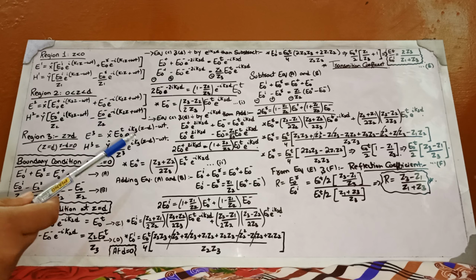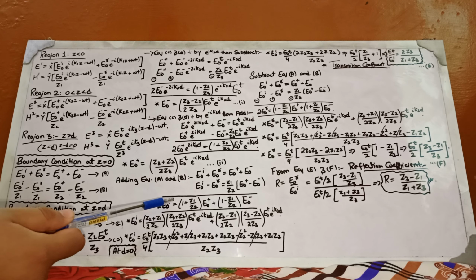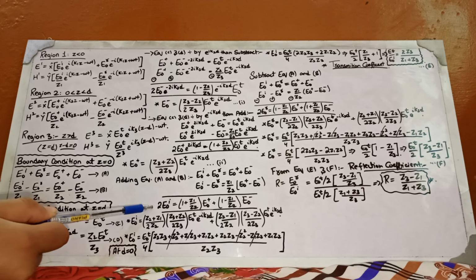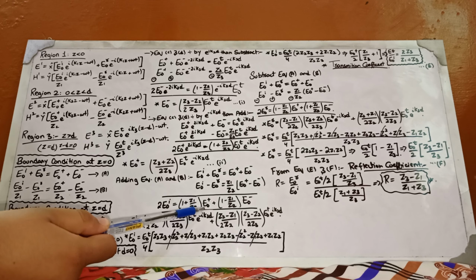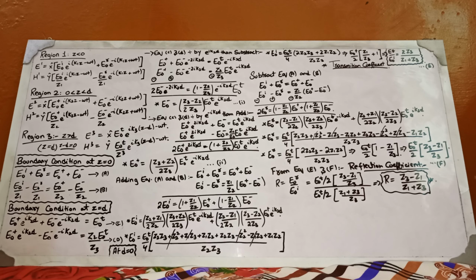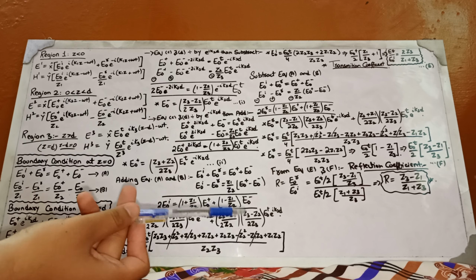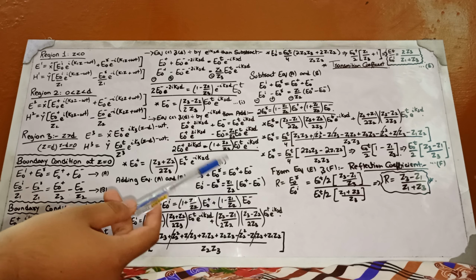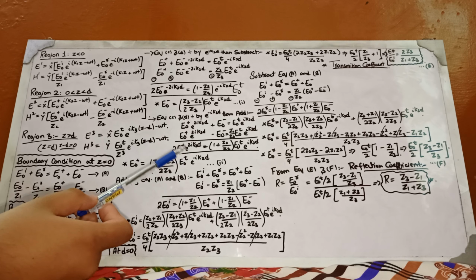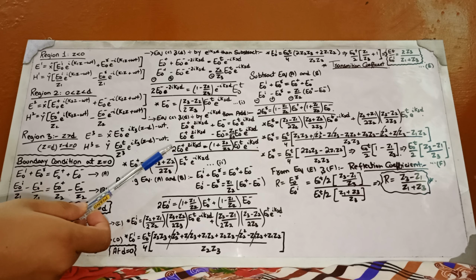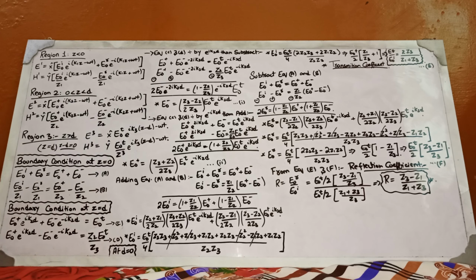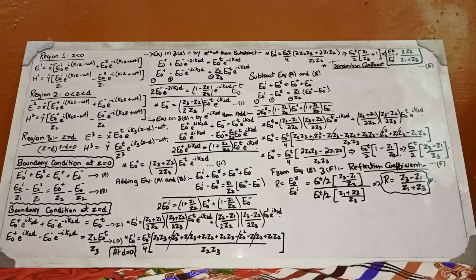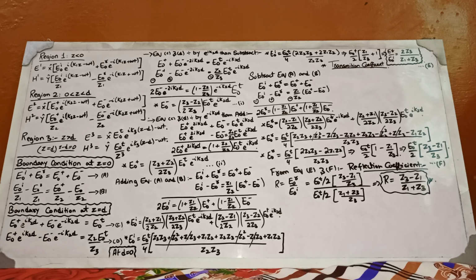So now we can easily find E naught I by this relation, by putting in the values of E naught plus and E naught minus. The value of E naught plus is this, as we found here, and the value of E naught minus is this, which we found here.